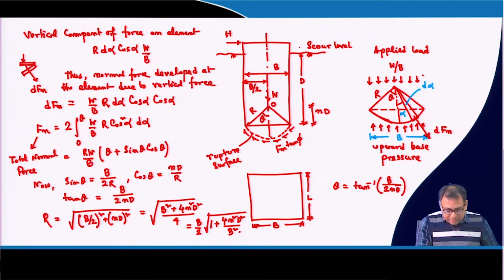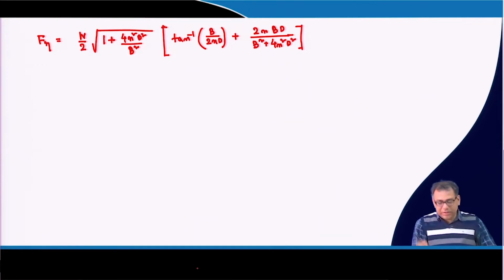So, this B will cancel out with the B in the R term, so this will be simple W by 2 and this term. Then if I put theta, cos theta and sin theta, I will get this equation. So, this is the Fn.